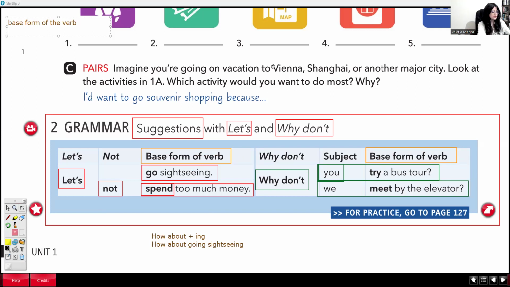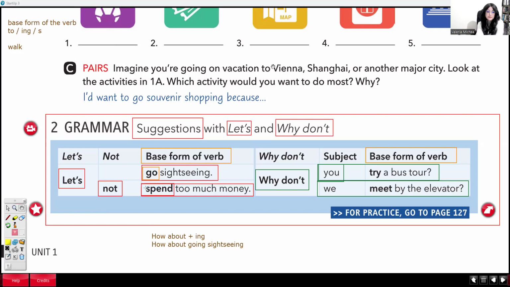That means without to, or without ing, or without s, or without anything that you can add to a verb. So instead of saying to walk, walking, walks, I'm going to say just walk. The base form. So please do not conjugate the verbs when you are using these suggestions.